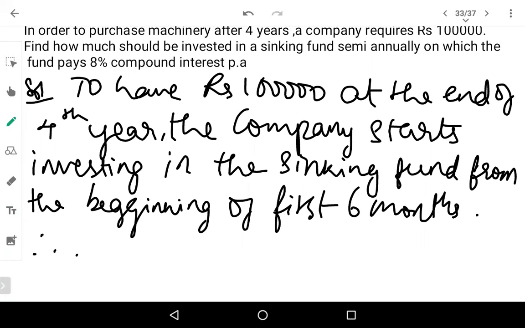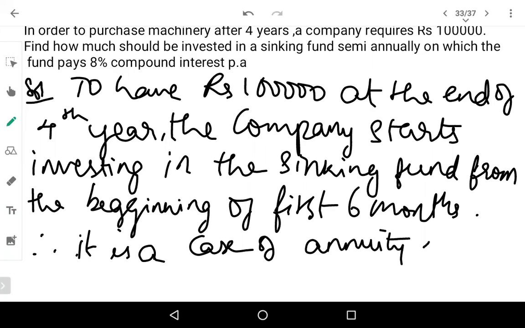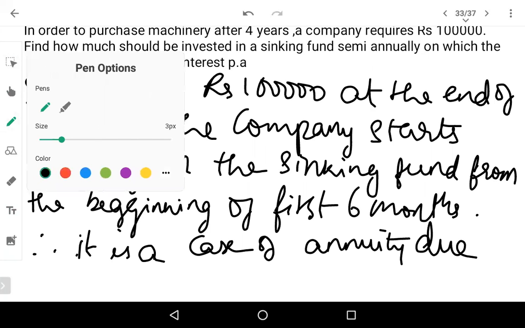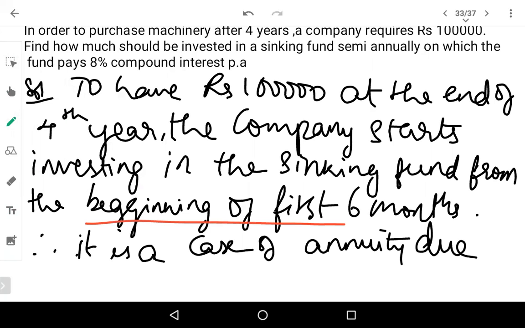Therefore, it is a case of annuity due, which means we are considering the beginning of the year. Okay, beginning of the year we are considering. So therefore, what will our formula become? We have to multiply 1 plus i with the formula that we write.